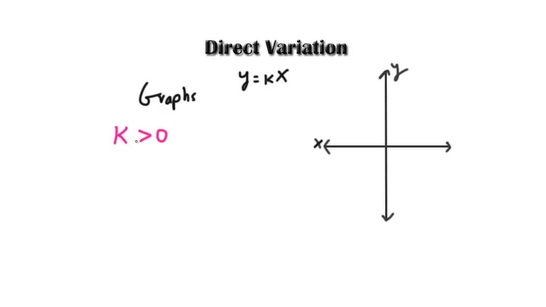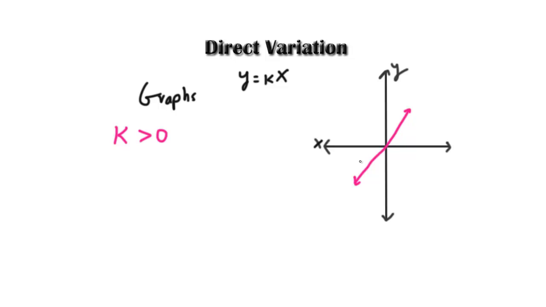If k is greater than 0, your graph is going to look something like this. Your line has to go through 0, 0, which is the origin, where the x-axis and your y-axis meet.